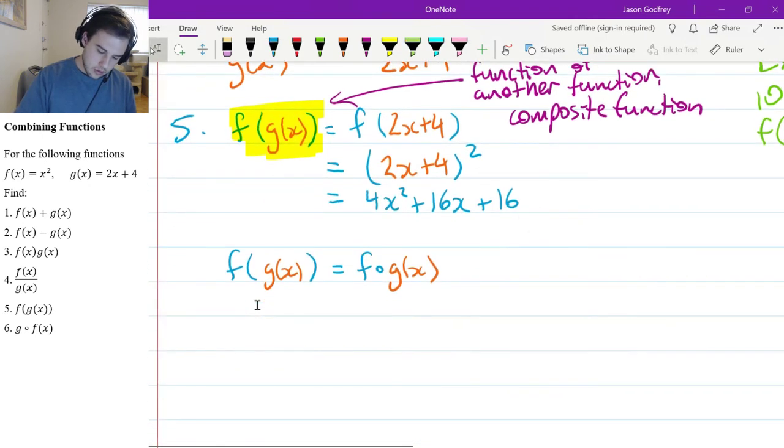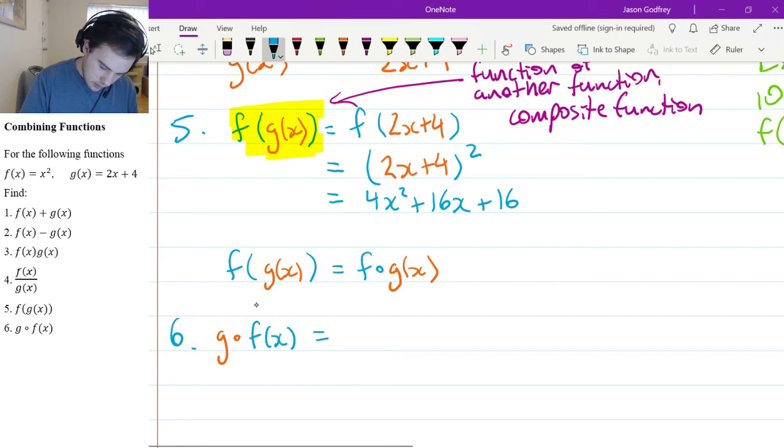Right, so question 6, notice, uses that new symbol, but because the order is different, the order is important, right? So we've got g of f of x, which means the same thing as g of f of x. Now, what are we going to input into g?